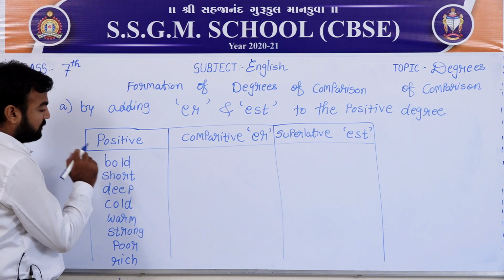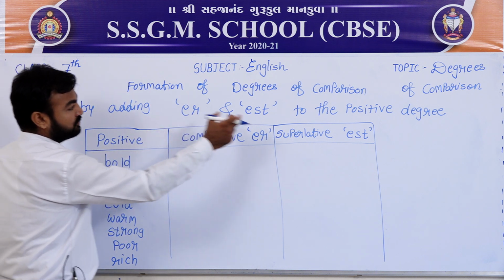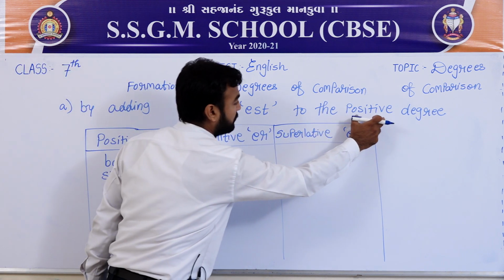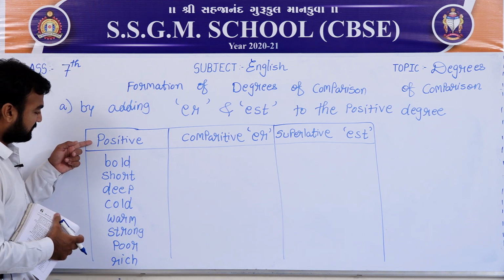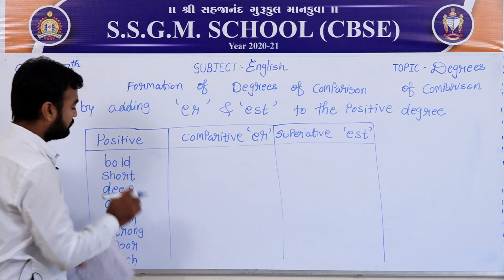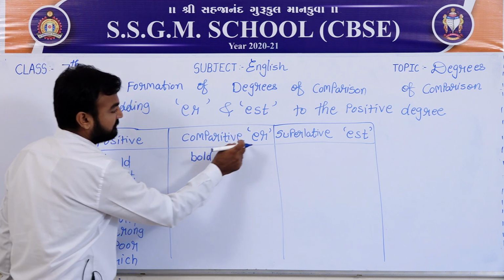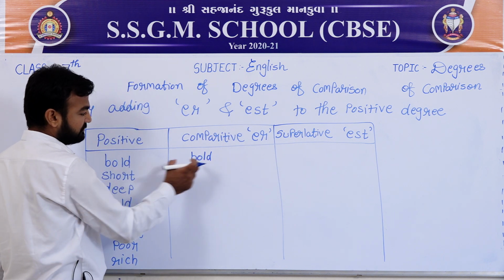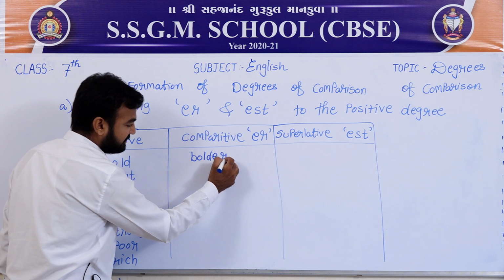Okay. So bold. So what we have to do is we have to add ER to positive degree and EST to positive degree. So students, we know that positive degree is over here, it is bold. So what we have to do is we have to write first bold and then we have to add ER to the positive degree. As it is, we have to write positive degree, then we have to add ER at the end.